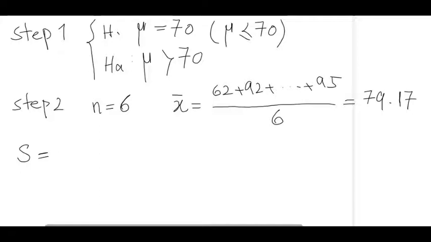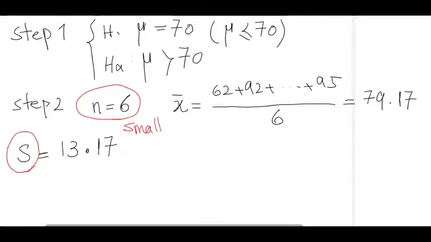You should use the calculator to obtain x bar and S. So x bar is 79.70 and S is 13.17. So the test statistics, sample size is small. We have S, it means the standard deviation from the sample. So we have case 3.